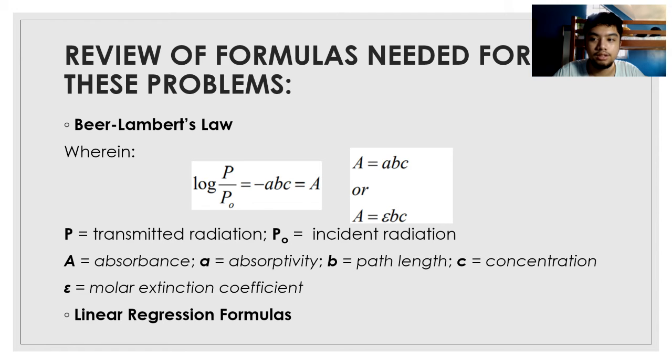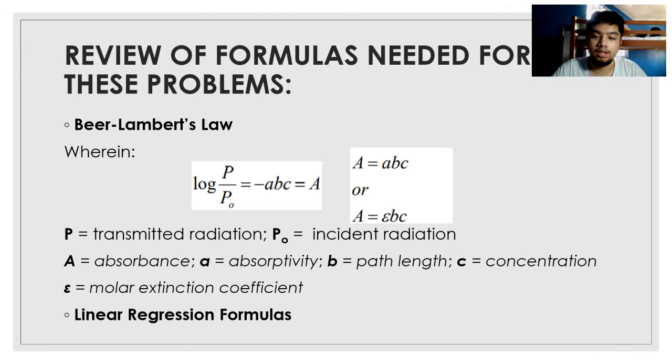So using various formula relationships, we can derive that the absorbance is equal to the product of absorptivity times path length times concentration, or the capital A is equal to epsilon times b times c, wherein epsilon is denoted by the molar extinction coefficient.